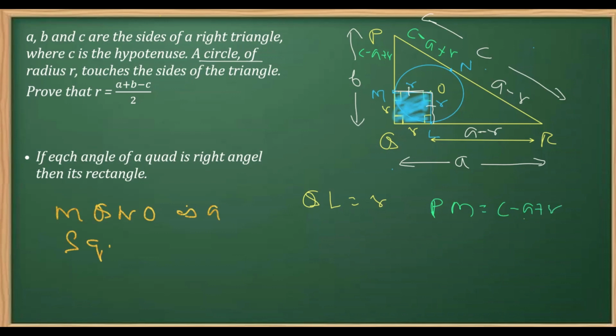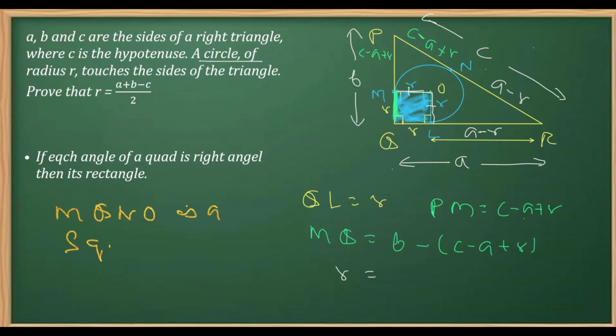Now, if I say that this whole length is B, and I'm looking for this length, that is MQ, then how much is MQ? MQ should come from the whole length B, if we subtract this, which is C minus A plus R. MQ can be replaced with R over here, as you can see it is the radius of the circle.